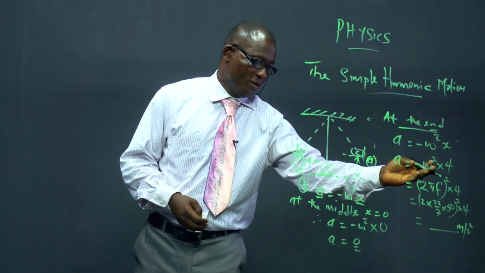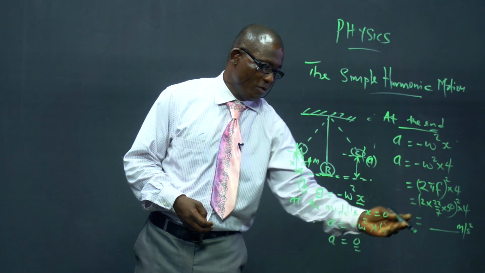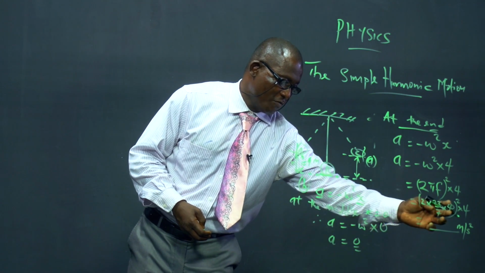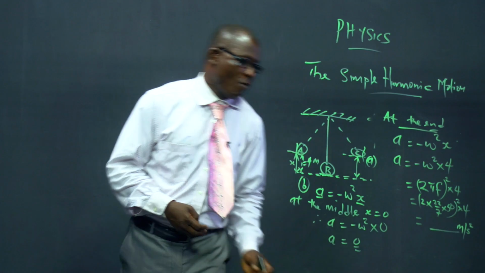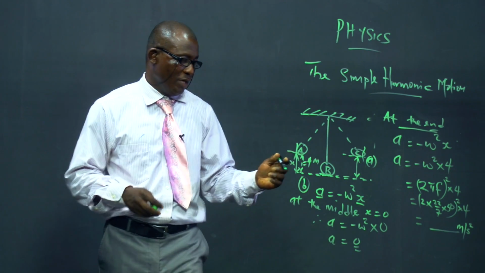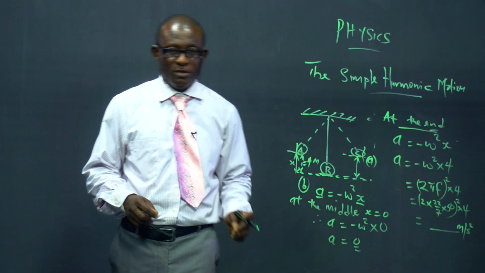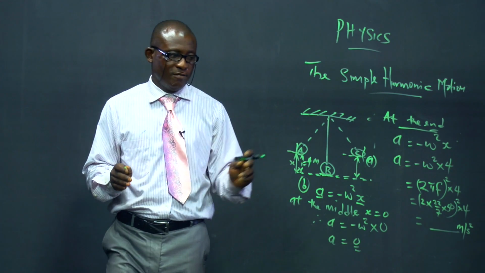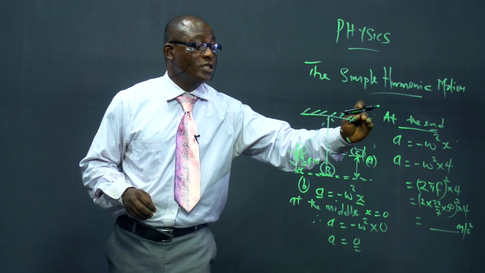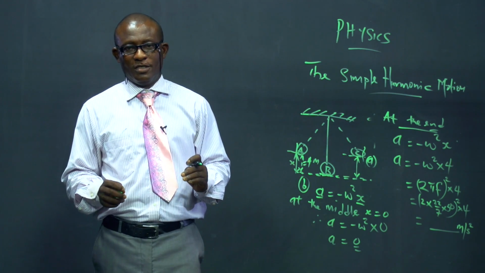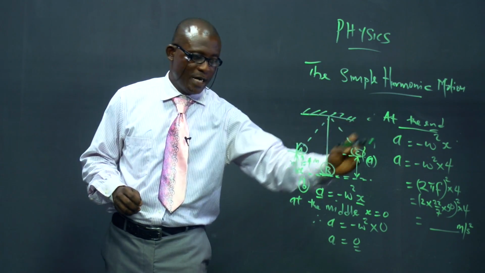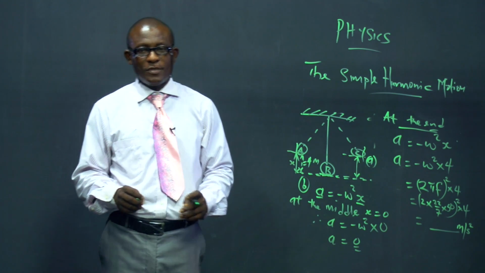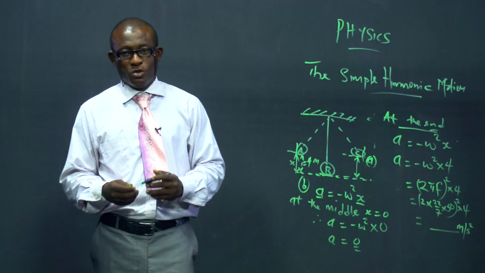We substitute minus omega squared multiplied by 4, where omega is 2 pi f, 2 multiplied by 22 by 7 by 50, multiplied by 4. Like I've mentioned earlier, the negative sign represents the direction, that the body is always coming back towards the center. So that gives the acceleration, and that will be the end of the second solution.